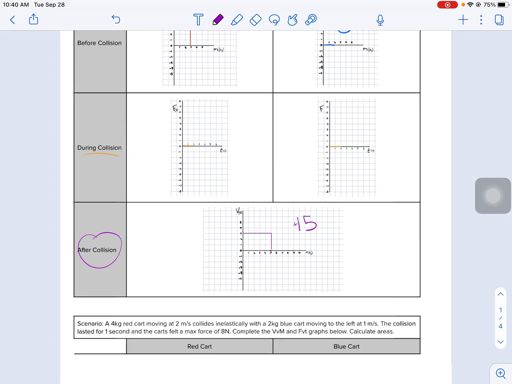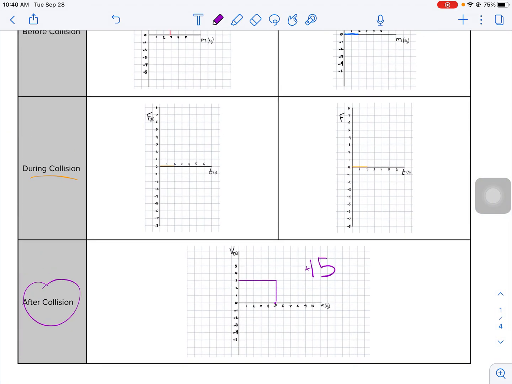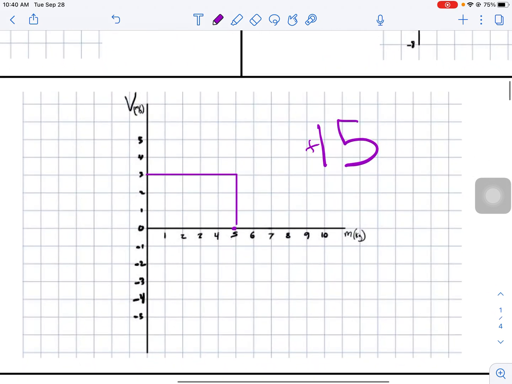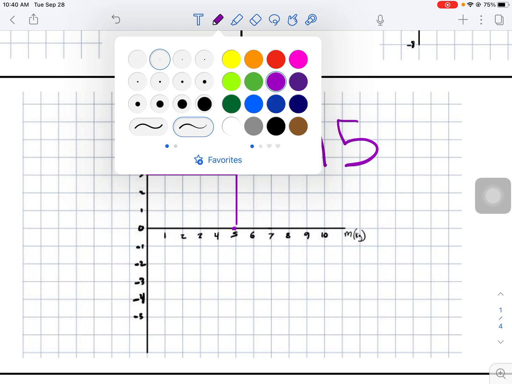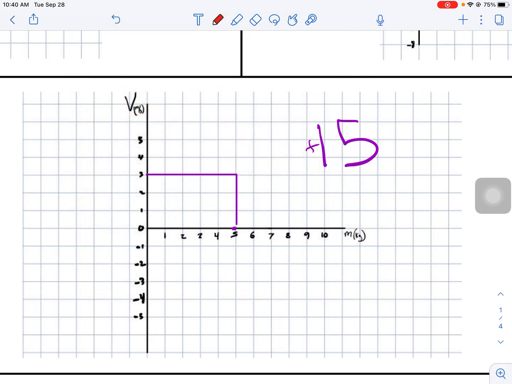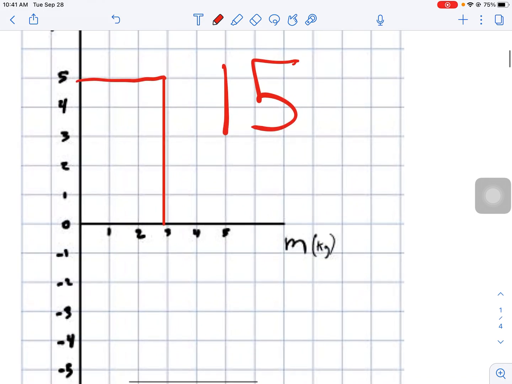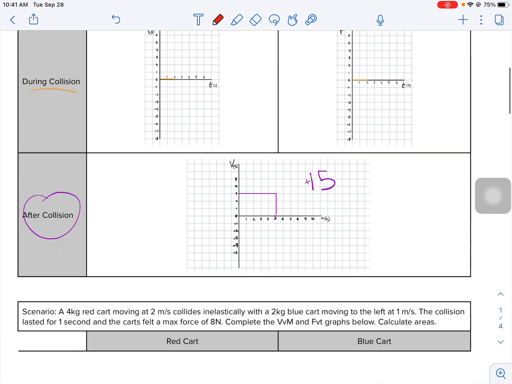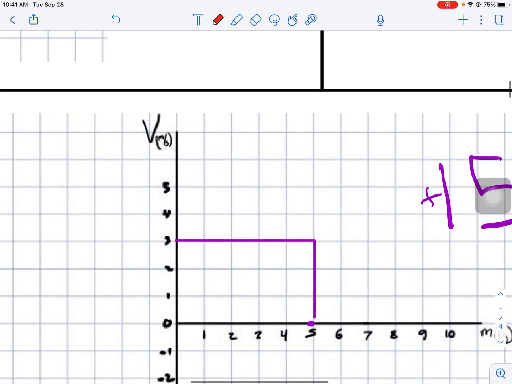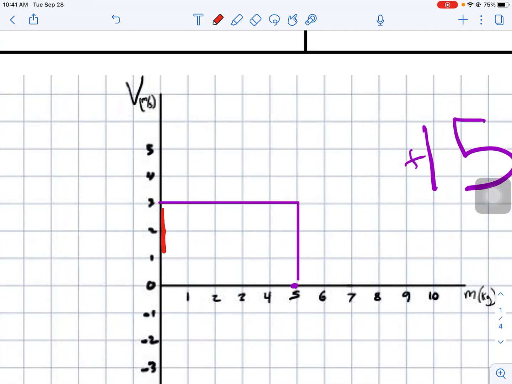Good. Now, here's a new idea. We are looking at the objects as a system in this graph here, but we can actually see both carts individually if we look closely, specifically thinking about the mass. So how much mass did the red cart have? It had 3 kilograms. And if I go to my 3 kilogram line, here's how big my red cart is.